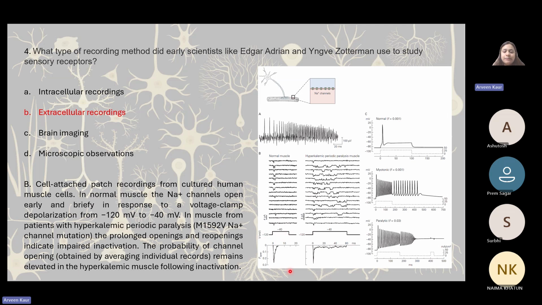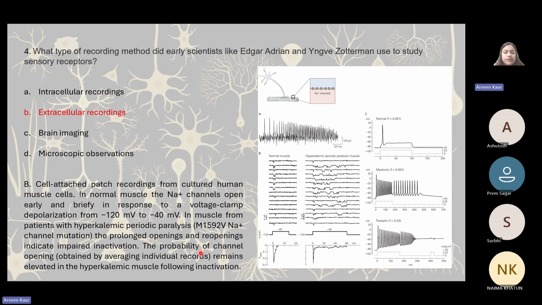But over here, the inactivation part is not working nicely, right? So it is opening but it is not closing. Once something happens, there should also be a reversal of that so that balance can be attained. That balance is not getting attained over here, due to which this kind of paralysis is getting caused.